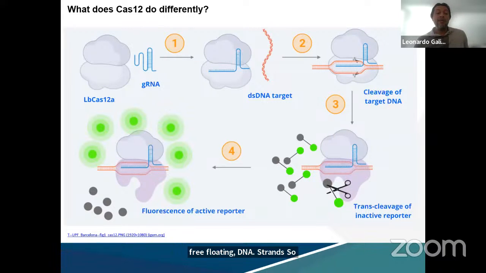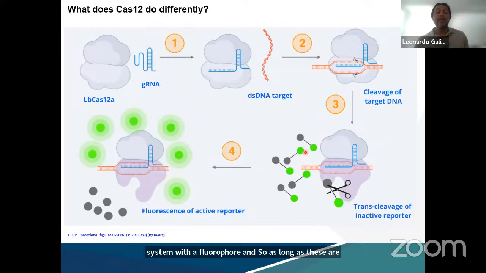So why is this important in molecular diagnostics? Well, if I have a region in DNA that's different between 2 plants, I can design a guide RNA which is very specific for one of those polymorphisms. And when Cas finds its target, we can add this single-strand DNA that has a reporter system with a fluorophore and a quencher. So as long as these are together, nothing happens.